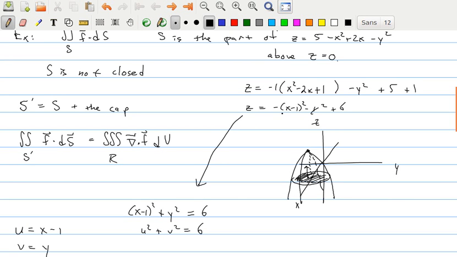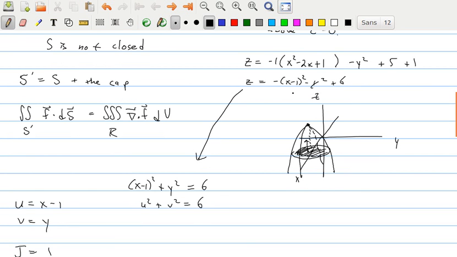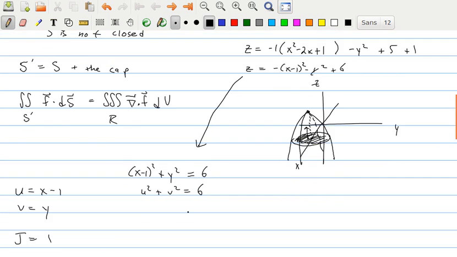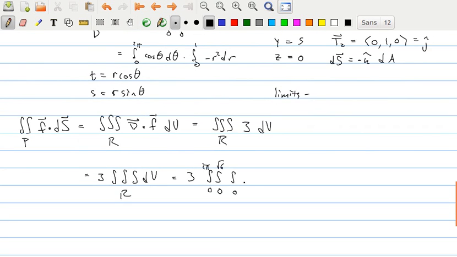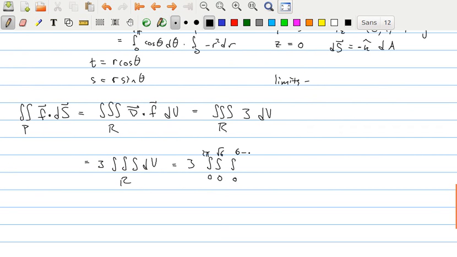This is 6 minus (x minus 1) squared minus y squared. Since we switched over to u and v, that's 6 minus u squared minus v squared, and in polar that's 6 minus r squared.